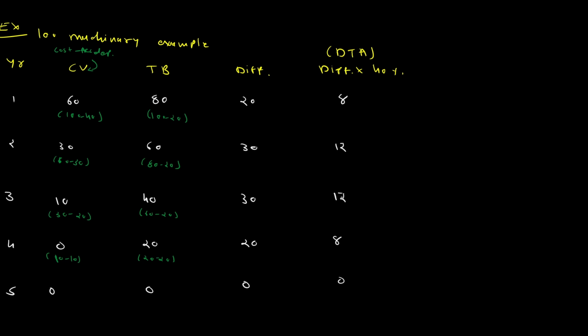Then the difference is 20 minus 0, 20 is the difference, and 20 into 40%, 8. So this will give you the deferred tax asset as my tax base is higher than the CV, and you directly get the DTA by multiplying the difference between the CV and the TB.